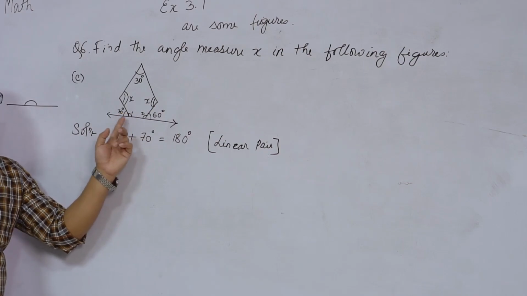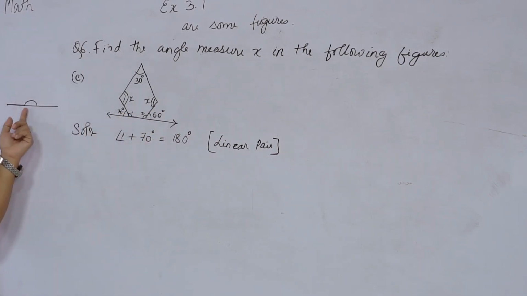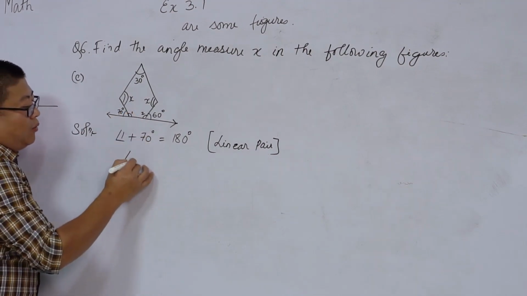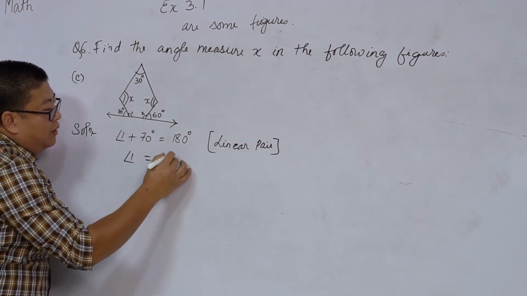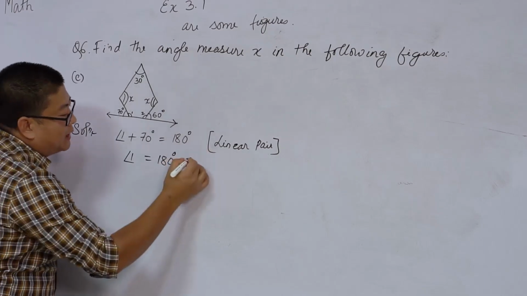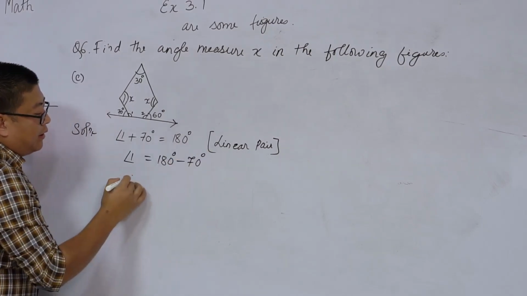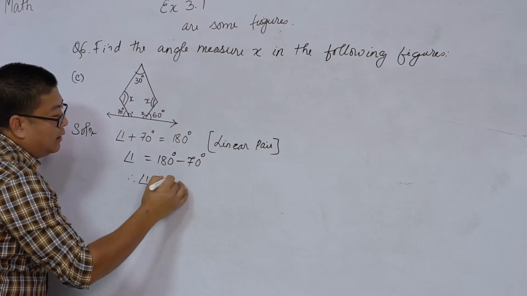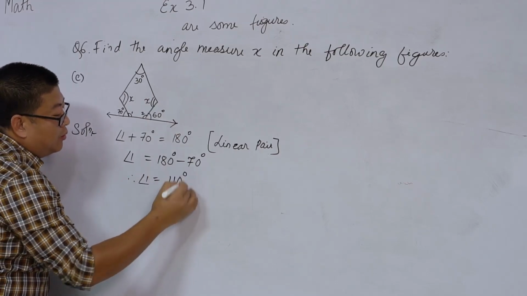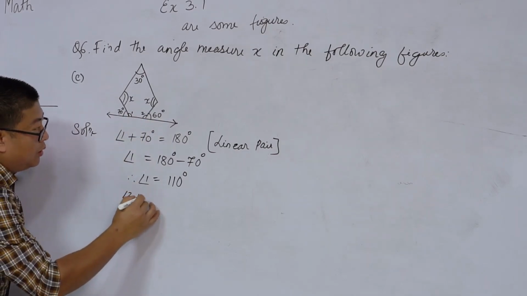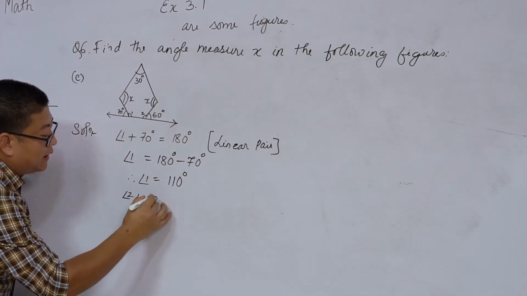When you join these two, it will become a straight line. Now with this, we can find angle 1. Angle 1 is equal to 180, shift 70 to the right side, it will become minus 70. Therefore, angle 1 is 110.